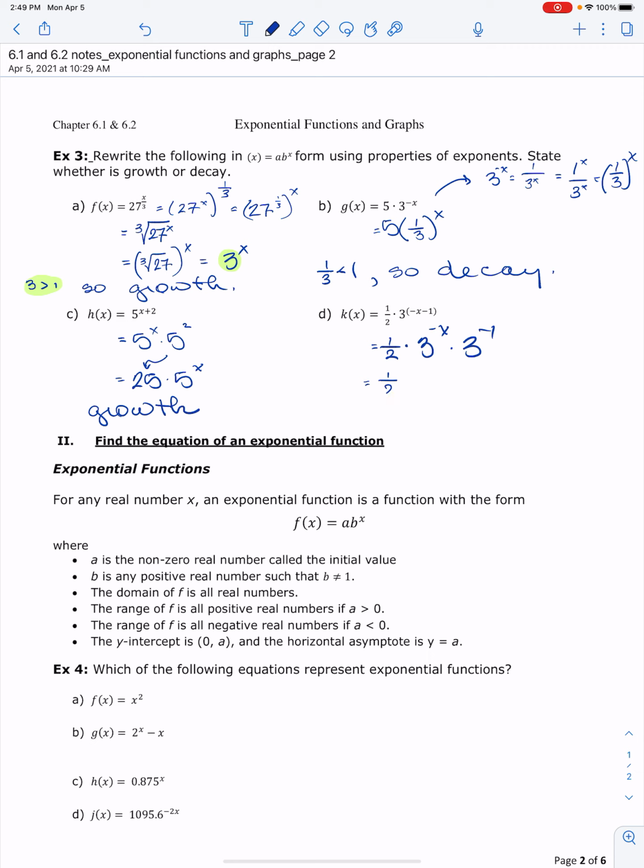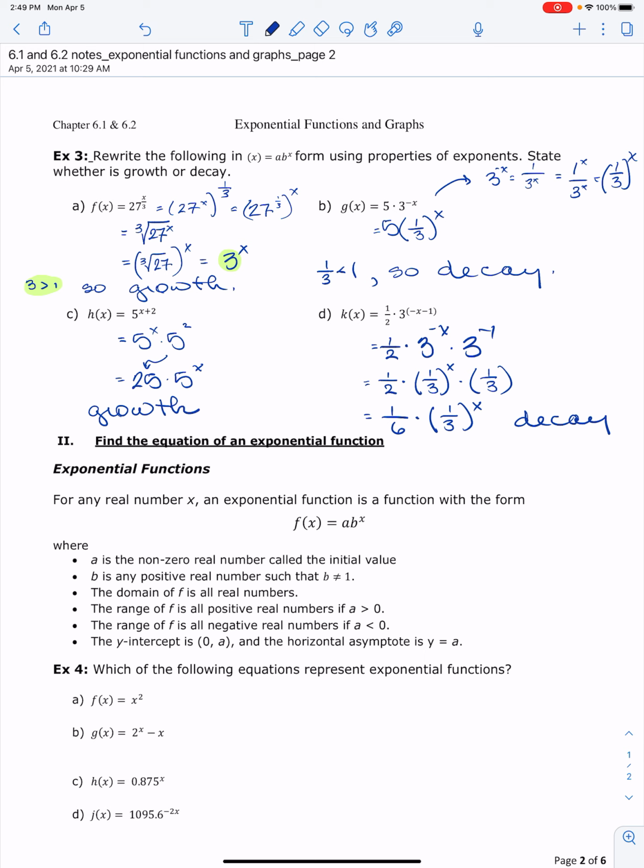I get 1/2, just like we had above, 1/3 to the x times 1/3 to the 1. Multiply my 1/2 and 1/3, I get 1/6 times 1/3 to the x. 1/3 is less than 1, so this is decay.